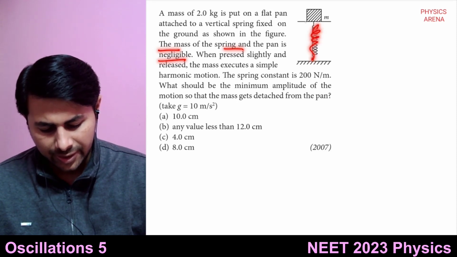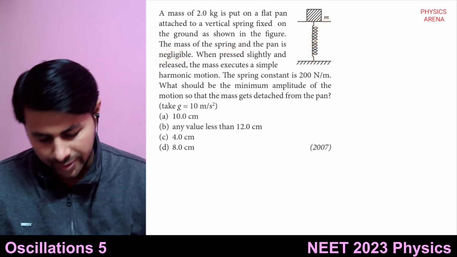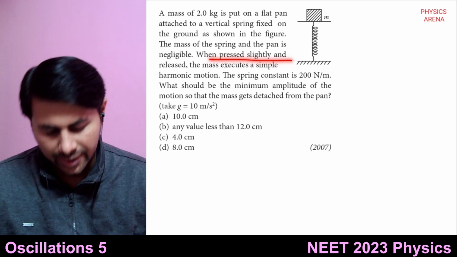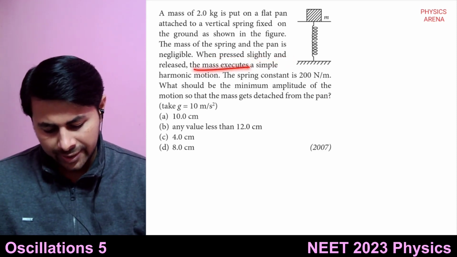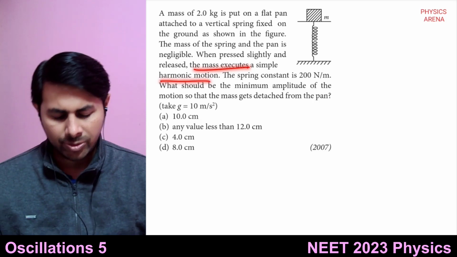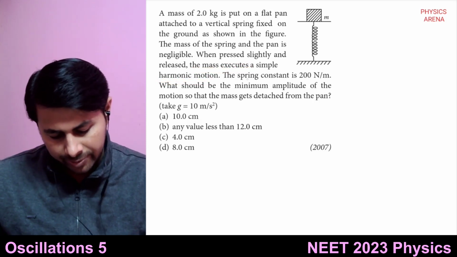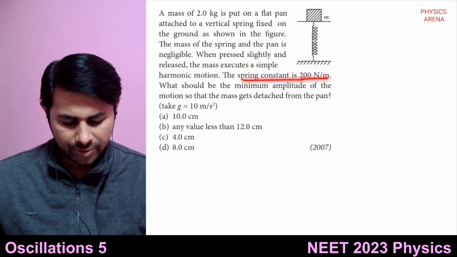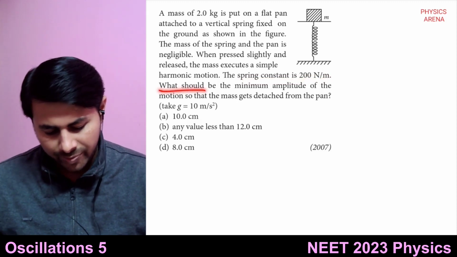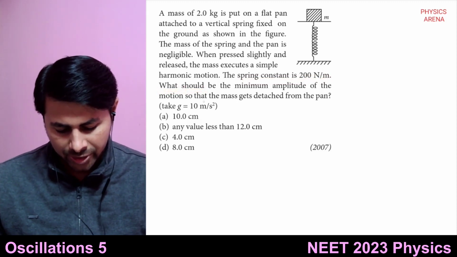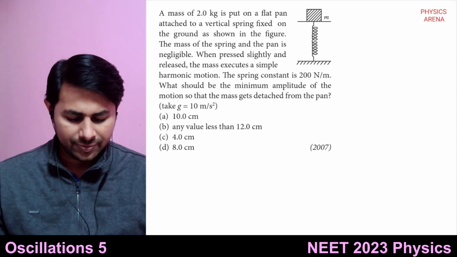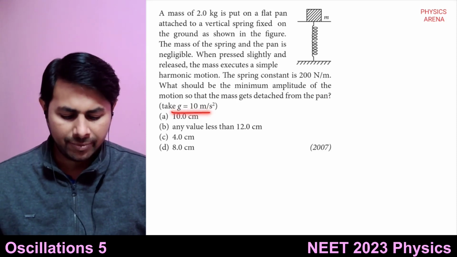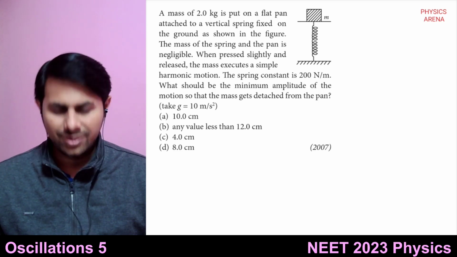When pressed slightly and released, the mass executes simple harmonic motion. The spring constant is 200 newtons per meter. What should be the minimum amplitude of motion so that the mass gets detached from the pan? Take g equals 10 meters per second square.